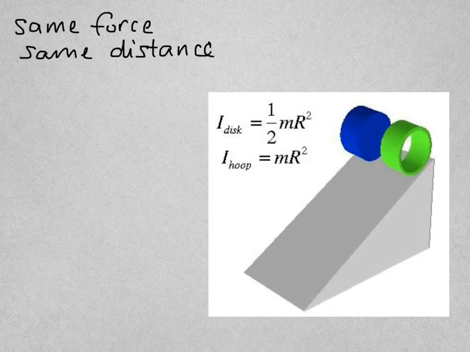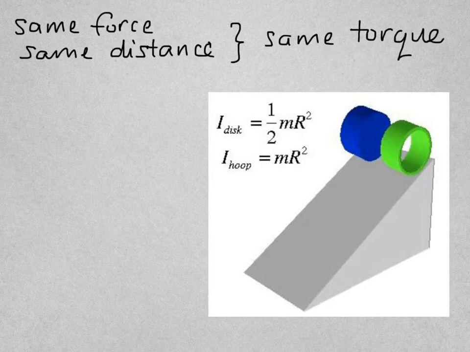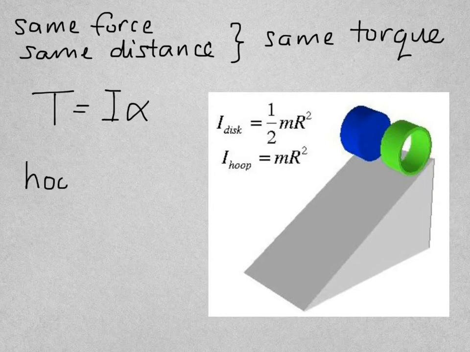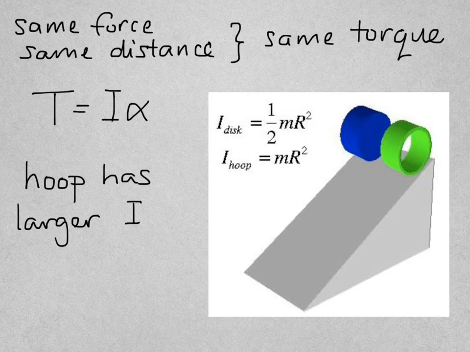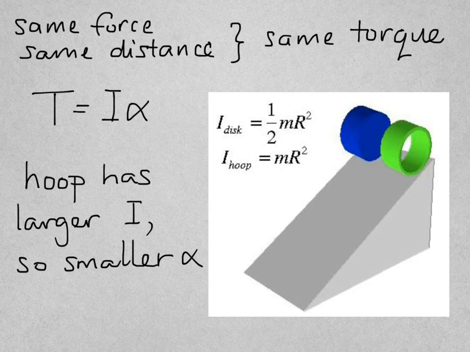So we've got the same force, same distance, and therefore the same torque on both. Torque is moment of inertia times angular acceleration. Since the hoop has a larger moment of inertia, it must have a smaller angular acceleration. So the answer is that the disc would arrive at the bottom first.